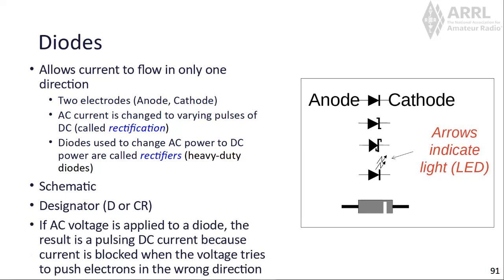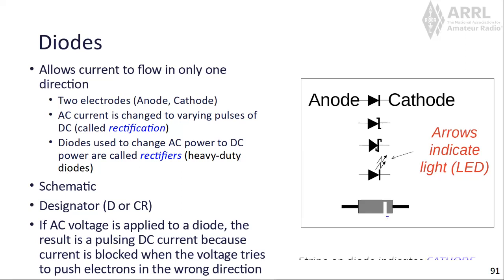If AC voltage is applied to a diode, the result is a pulsating DC current because current is blocked when the voltage tries to push the electrons in the wrong direction. So it'll flow from A to C, but it will not flow when the voltage in the circuit reverses for the reverse portion of the AC. It has to have a reverse portion to the AC. It cannot flow from the cathode to the anode, so it only can flow in one direction.